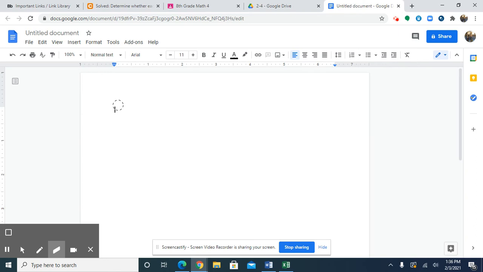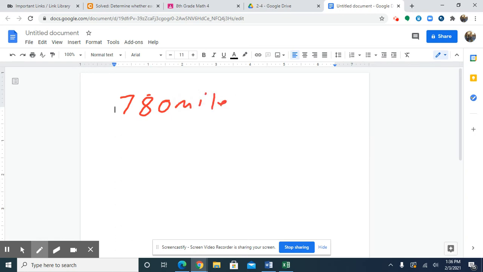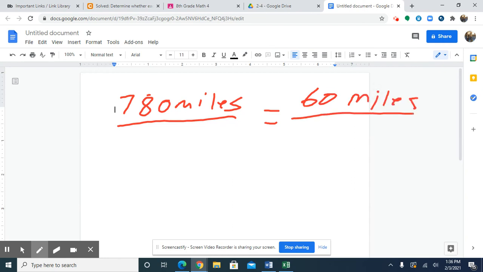So again, we're driving 780 miles, and we're driving at 60 miles every hour, right? So in 1 hour, we drive 60 miles. So the question is, how long will it take me to get there if I have to drive 780 miles?